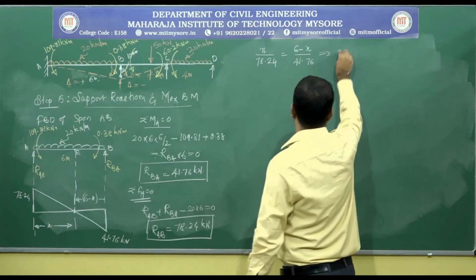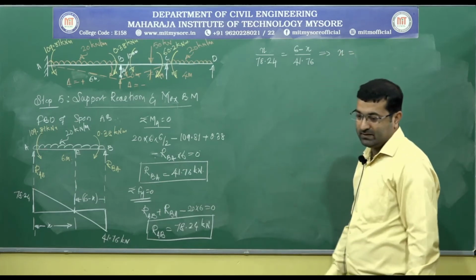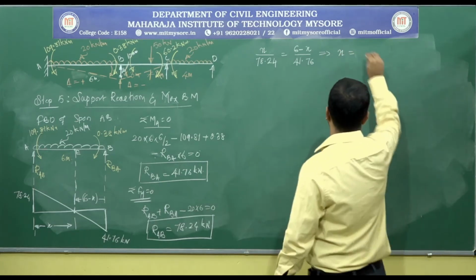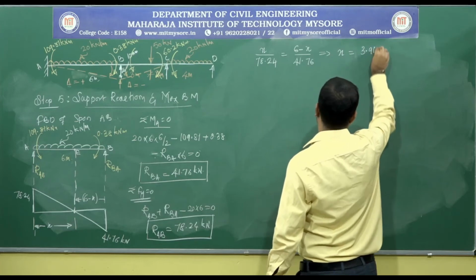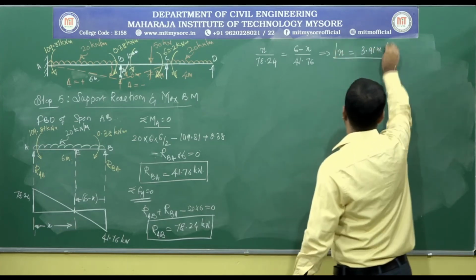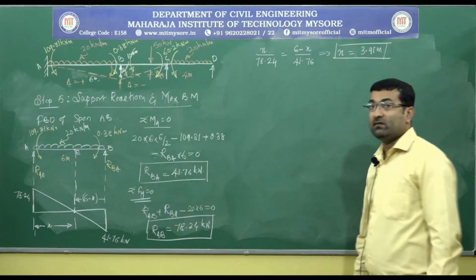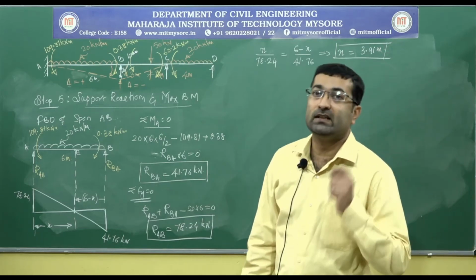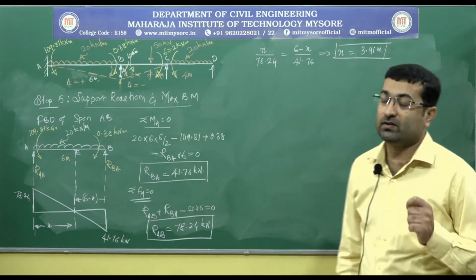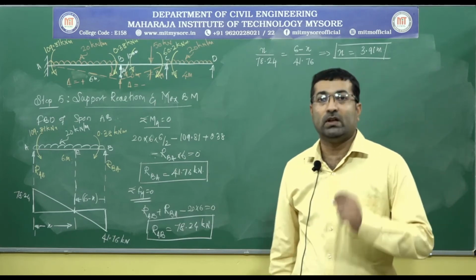If I work this out, I will get x as 3.91 meter. It means at a distance of 3.91 meter from point B, the value of shear force is 0.